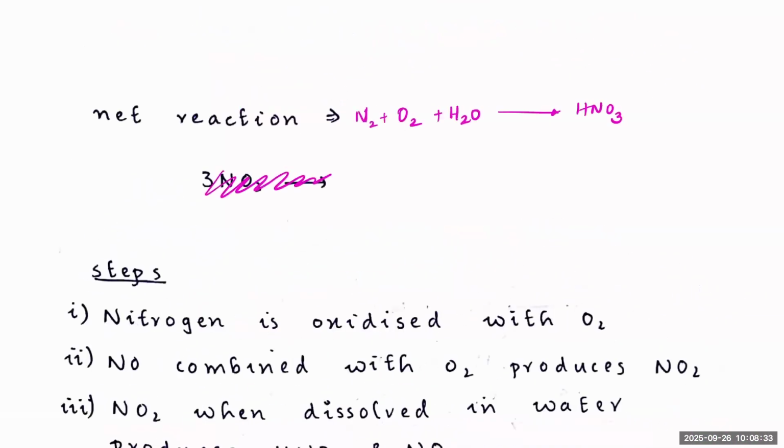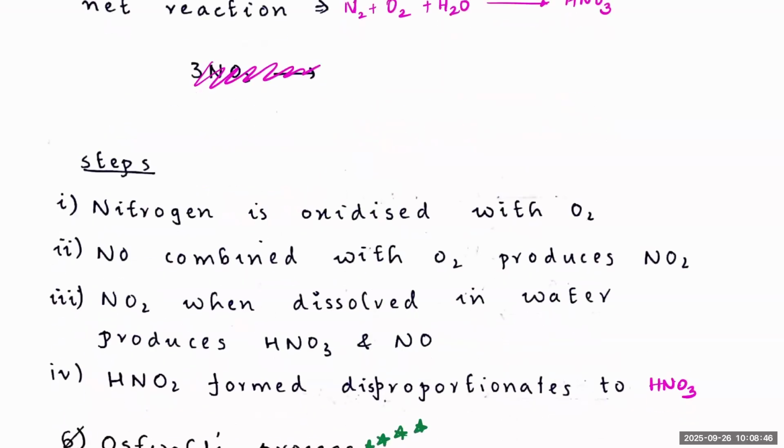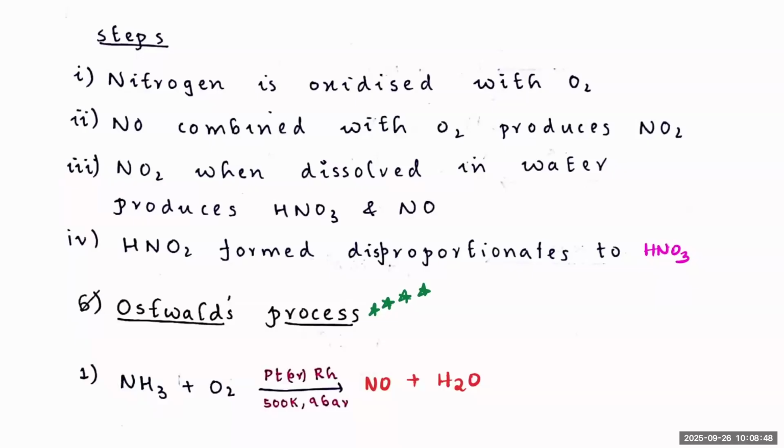The net reaction is like this: N2 plus O2 plus H2O becoming HNO3. But it's not exactly the way it seems, so there is a strong interaction of N and O there. What are the steps taking place here? Nitrogen is oxidized to NO with O2, and NO, when you combine with O2, produces NO2.